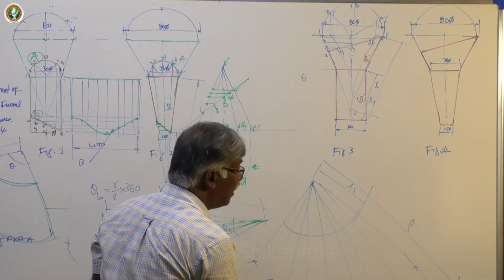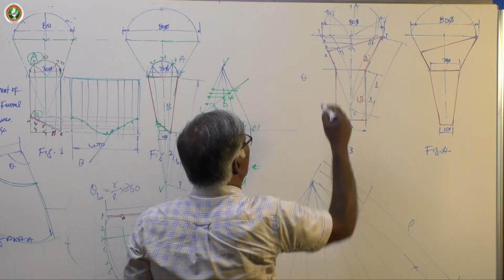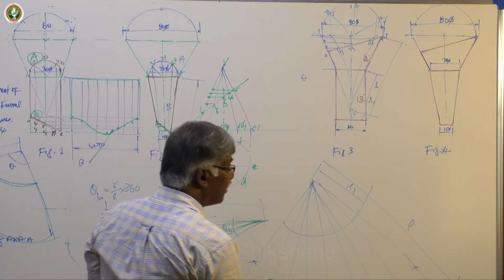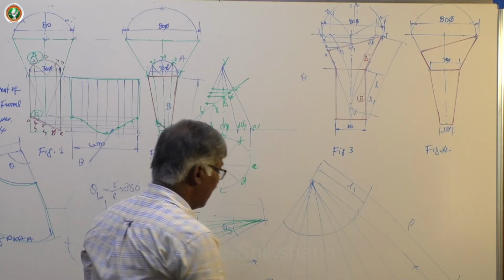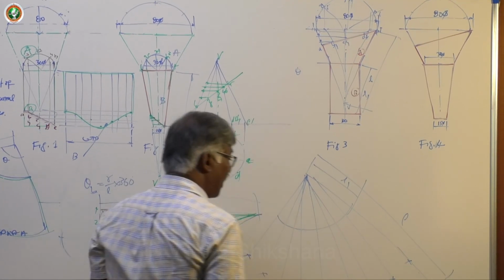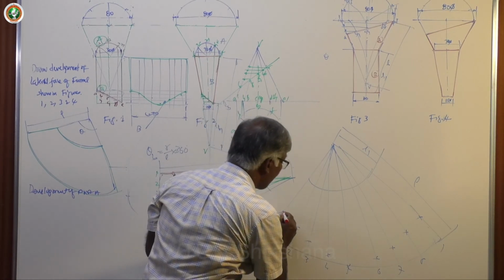Second and 8, this point. Then third point, 3 and 7, C and G, then D and F. Okay. So you will get the profile like this.